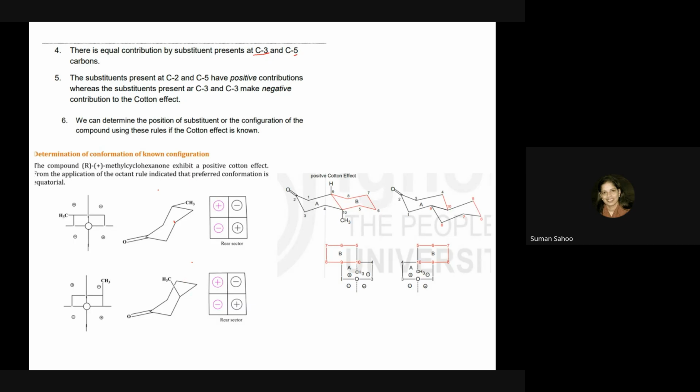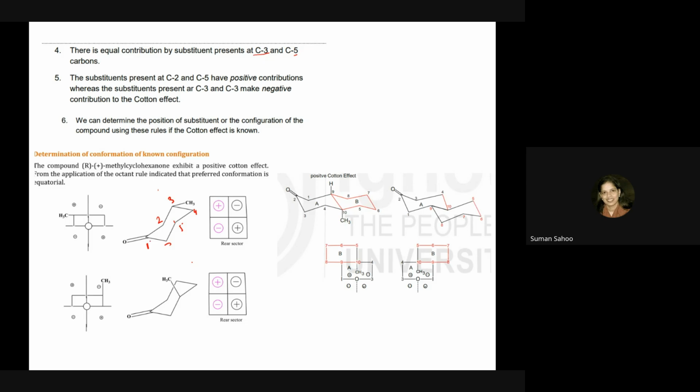You can just go from this one to this one. So if we just check, again the rear quadrant plays an important role. In the case of a rear sector, this is my carbon number 1, and this is present in carbon number 3: 1 2 3 4 5 6.